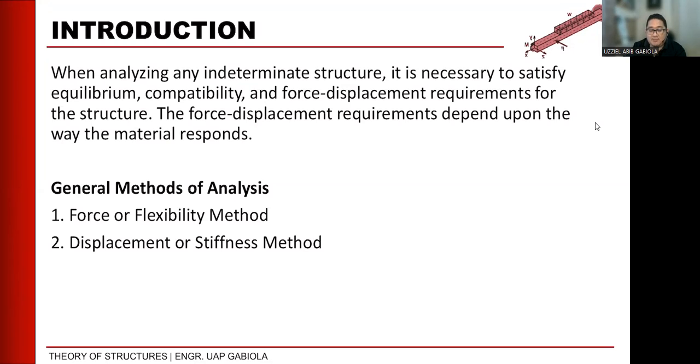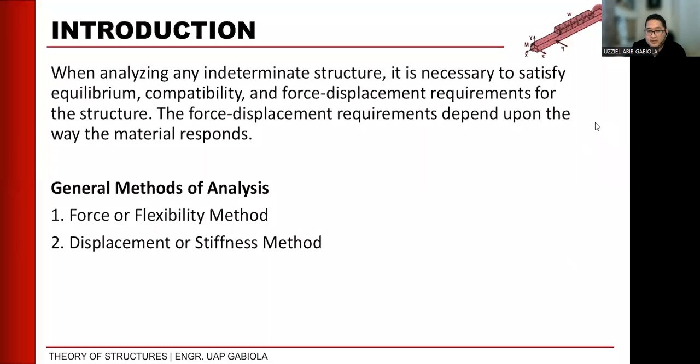And then sa displacement method, of course, kung ano yung magiging deflection o yung magiging elastic curve ng mismong beam natin, doon natin ibe-base yung formula natin of solution para doon sa indeterminate beams natin. Pero we will not be able to cover both of this one, especially yung number 2, no? We will just cover siguro yung number 1 by next week.